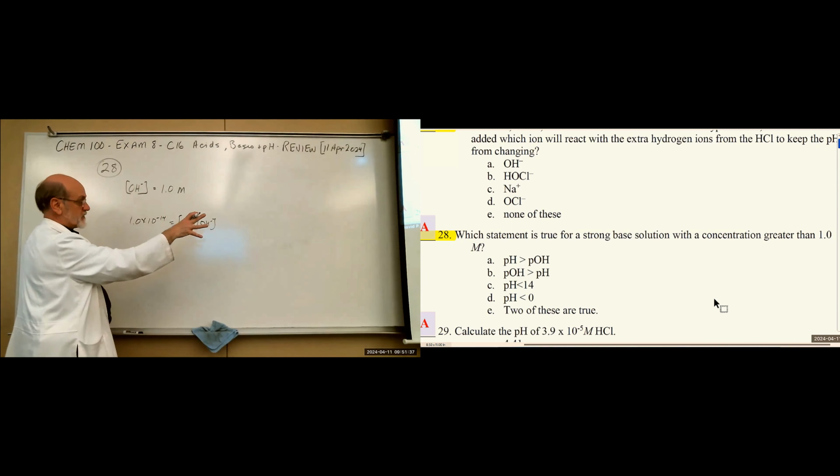All right. Which one is the strongest base? Look at the Ka values. How about the Ka for HCN? Or HOCl, or NH4, or HF. Okay, compare those. Which one of these is the weakest acid?